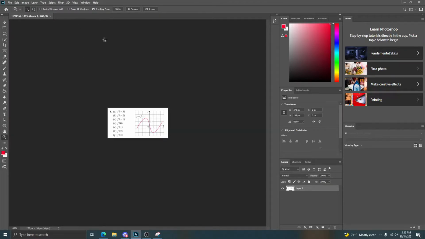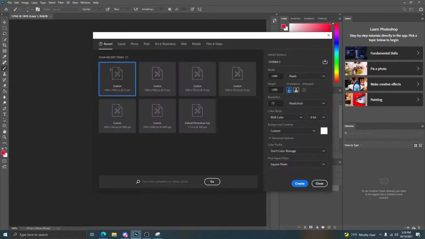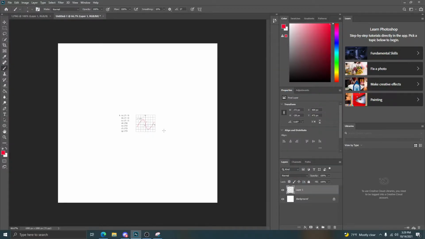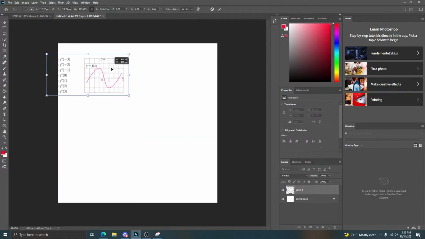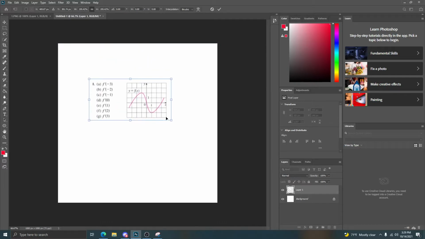Wait. There we go. Now it's copied, and then we can Control N, and we'll do this. This one works. Okay. Alright, I'll make this a little bit bigger.